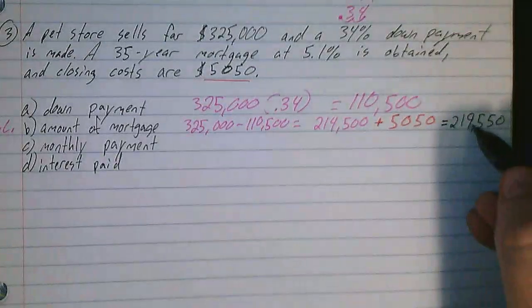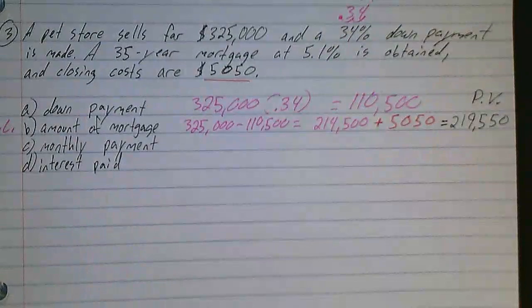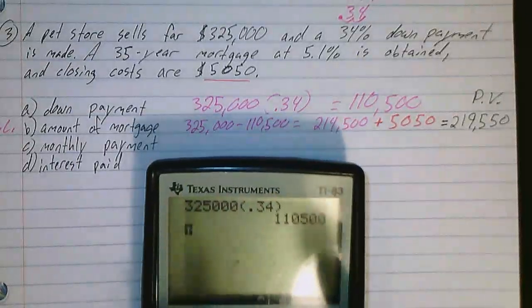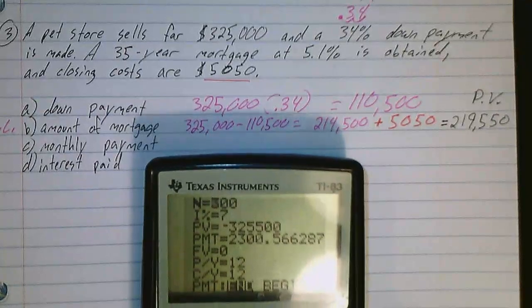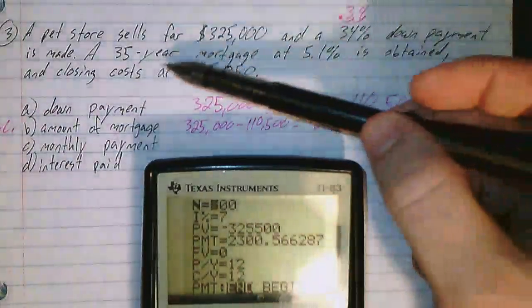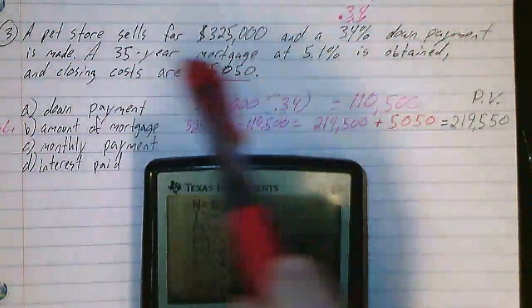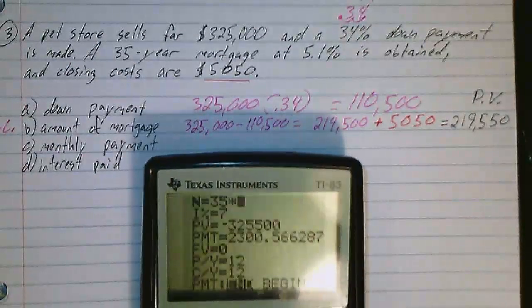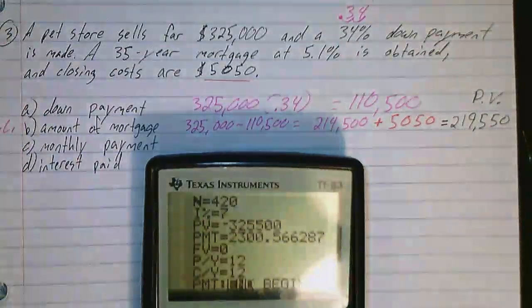And now this is the PV here in our TVM solver. Bring up the TVM solver. The number of months. So again, we're looking at this information pertaining to the mortgage here. A 35-year mortgage. So 35 times 12 gives us 420.